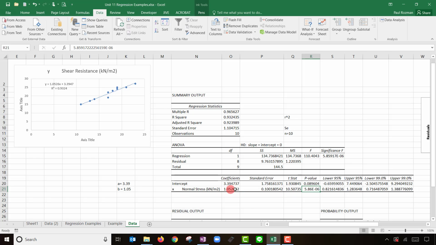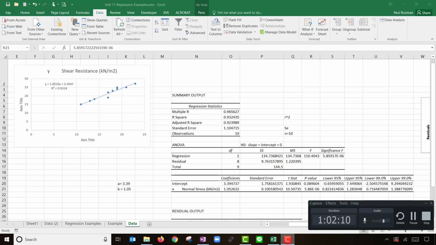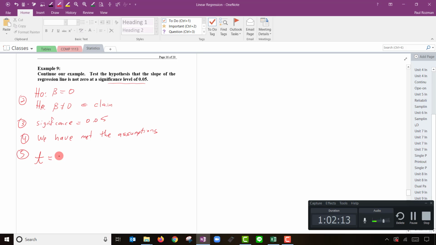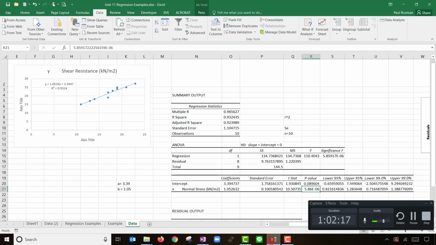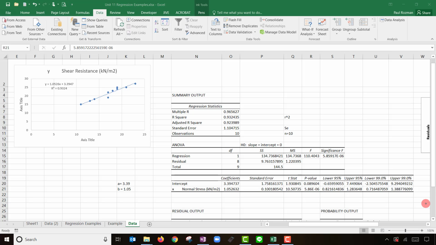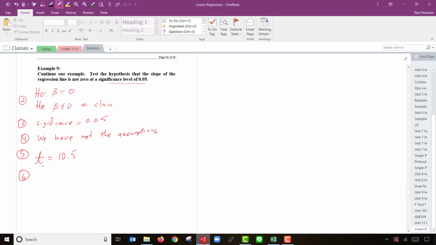The test statistic for the slope was 10.5. Oh, that's weird. It's the same as it was for our correlation coefficient. So t was 10.5. Our p-value was 5.86 times 10 to the minus 6.